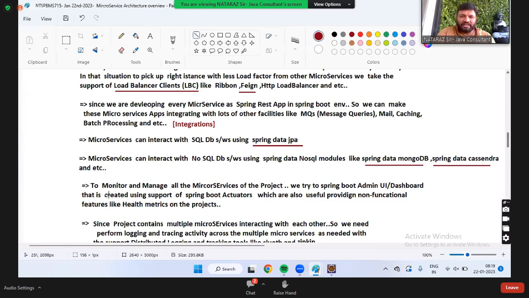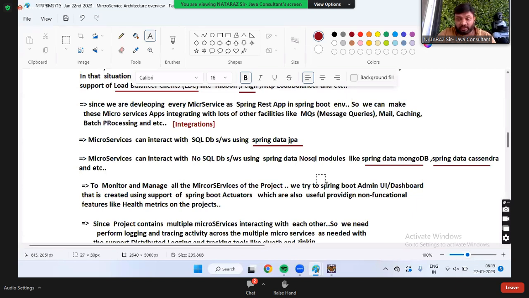Go by the meanings. To monitor and manage all the microservices of the project, we try to use the Spring Boot Admin UI dashboard.